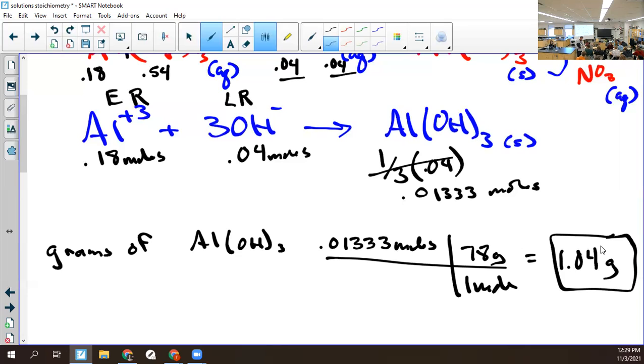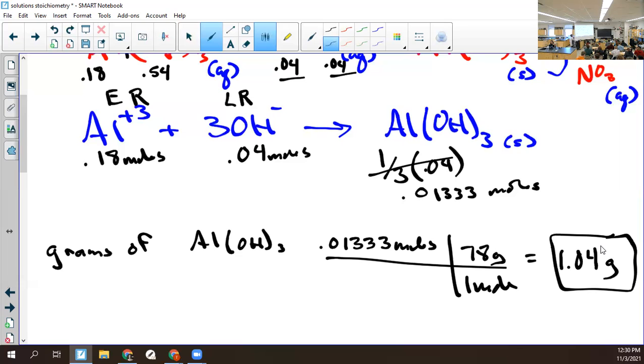You have a decimal for some reason. You have 0.78. It's okay. So we've found the grams of our precipitate. It's taken a long time. Once we have this right here, my friends, once we have this, things roll pretty good.